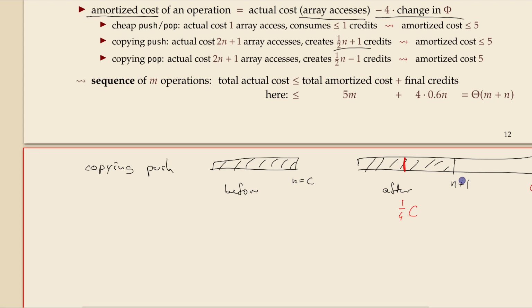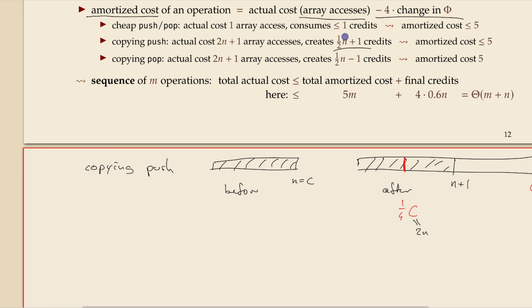So if you take the distance between this and inserting what the capacity is, namely 2n. So here, n is the old size, and the new size is n plus 1. I just added one more element. Then a quarter of 2n is n half, and the distance to n plus 1 is 1/2 n plus 1. Okay? So I have to add the actual cost, and then minus 4 times the change in potential.